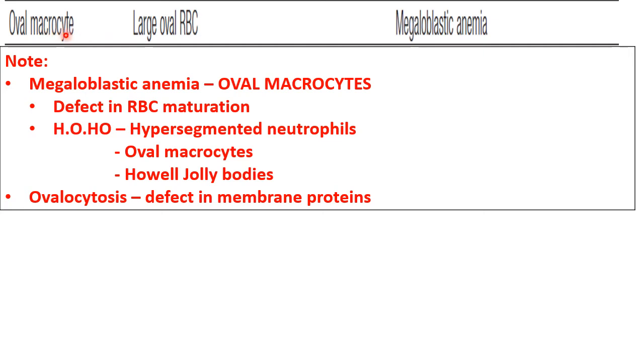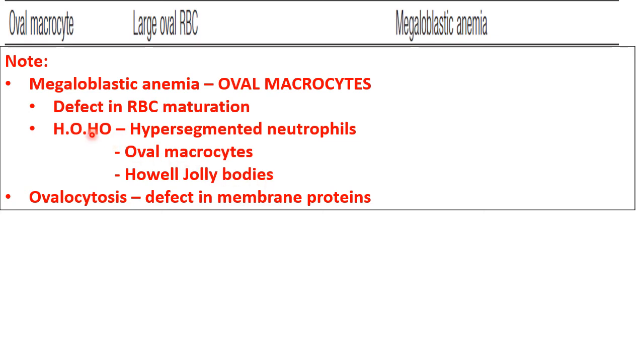Okay, dito tayo sa oval macrocyte, no? Oval macrocyte can only be seen in megaloblastic anemia. Aside from oval macrocyte, no, meron pa tayong ibang derangement. May makikita kang hypersegmented neutrophil and Howell-Jolly bodies. So, ang mnemonics natin before, no, HO-HO. H, hypersegmented neutrophil, O, oval macrocyte, HO for Howell-Jolly bodies.